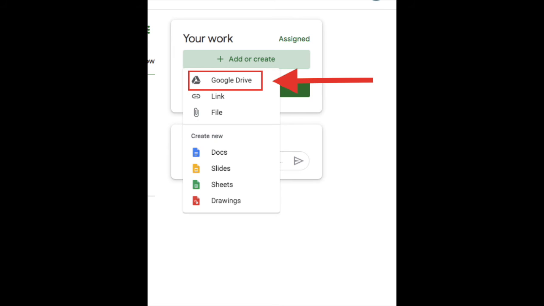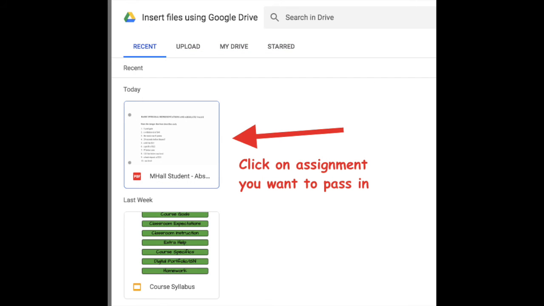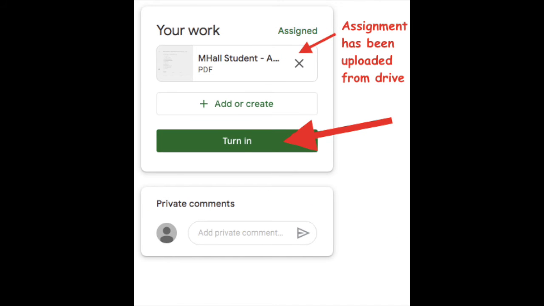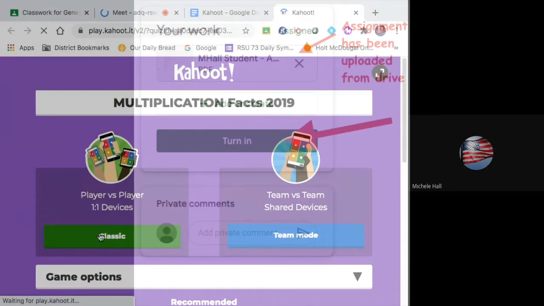In your Google Drive is where we're going today, but you can have links, Google Docs, Google Slides, Sheets. Today we're going to Google Drive to get your absolute value paper. Once you see the paper that you want, click on it. Insert that paper. And then you are going to turn it in. You can see that your paper is right on the top.